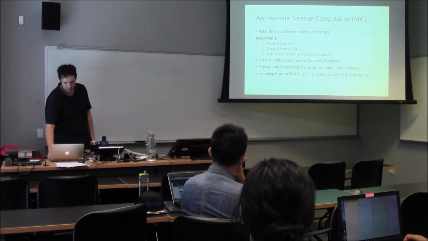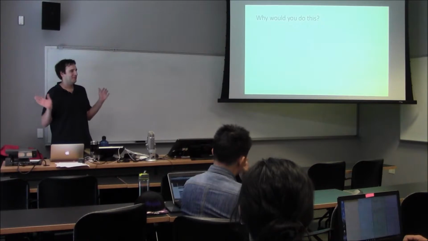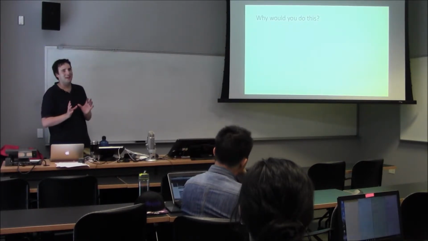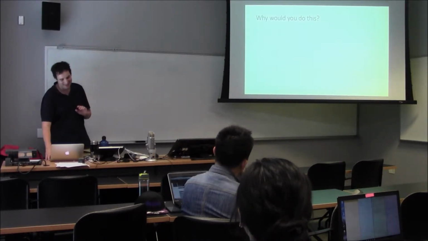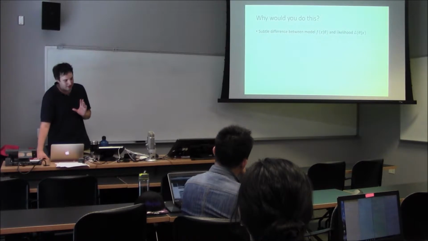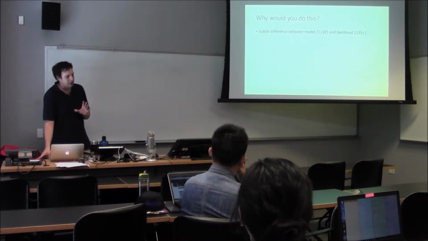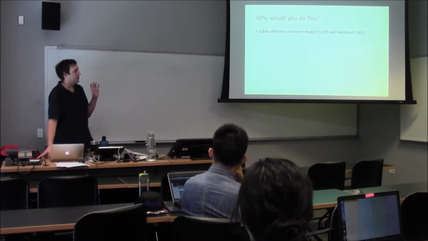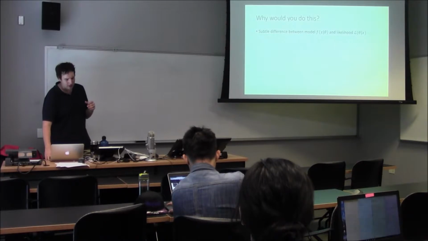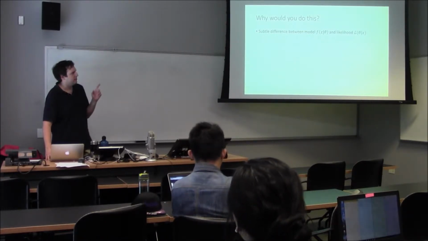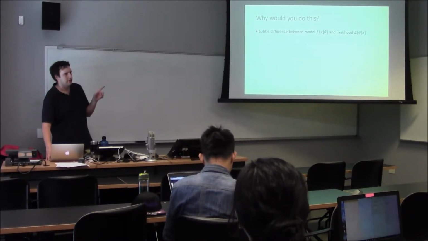All right, so obviously the big question that you all have is, why am I doing this? The key here is that there's a subtle difference between the model you're working with and the likelihood. In Bayesian statistics, you're technically not really using the model, you're using the likelihood.